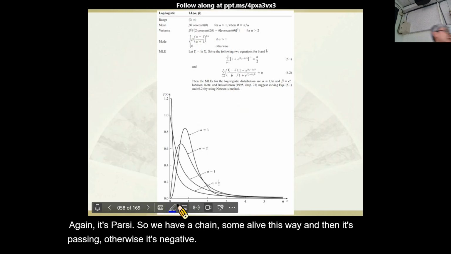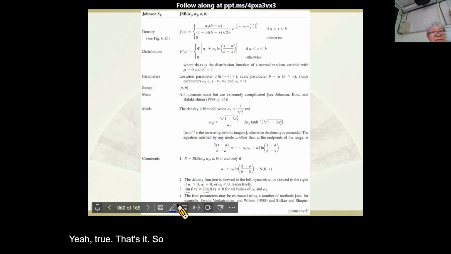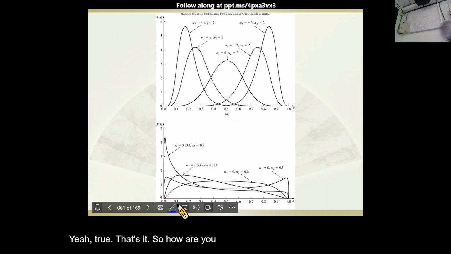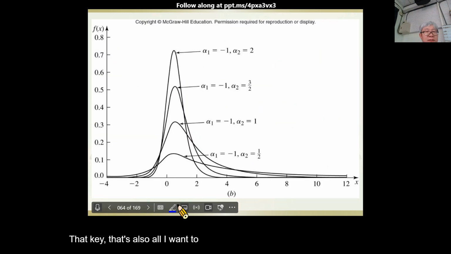So this one, positive or negative? Yeah, true. That's it. So how you feel it, right? And here, again, positive or negative here. And the middle one, 0, and that one, negative. That's also all I want to emphasize about the skewness.